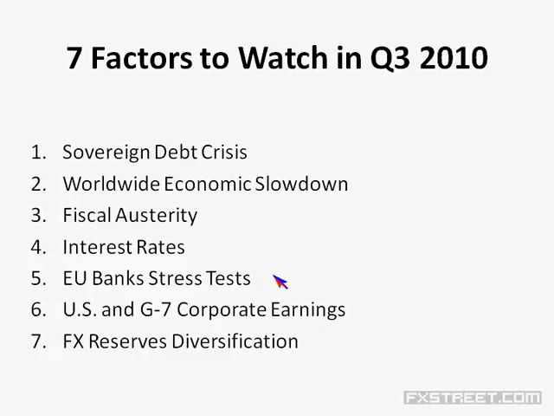But because of the Eurozone sovereign debt crisis, now the euro is starting to lose its appeal as an alternative to the US dollar as a reserve currency. And if that continues to be the trend that we see going forward, then obviously it could have a negative impact on the euro.